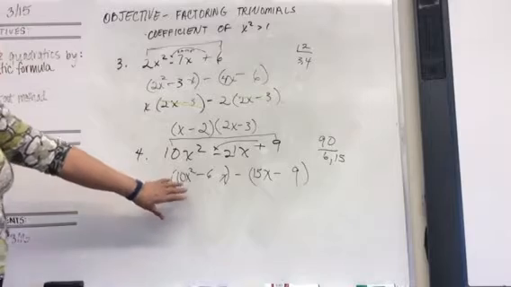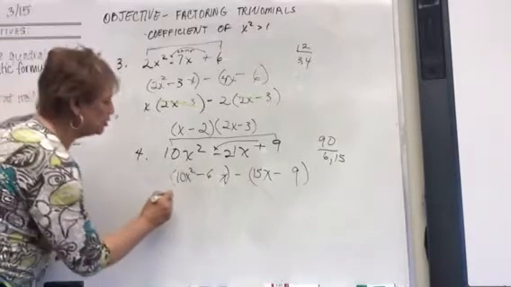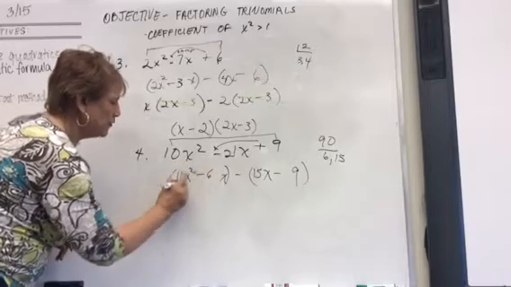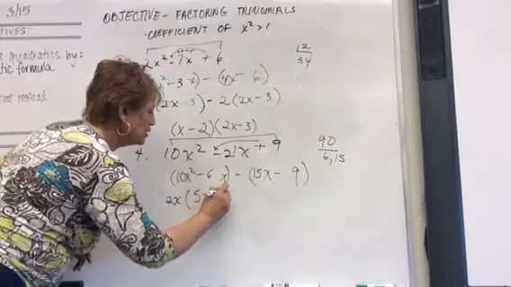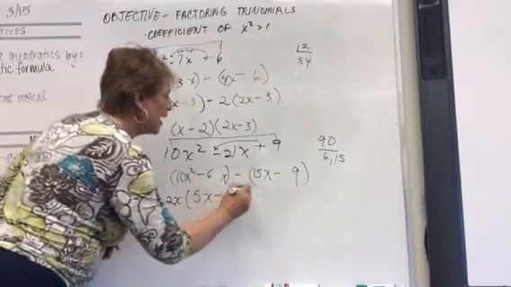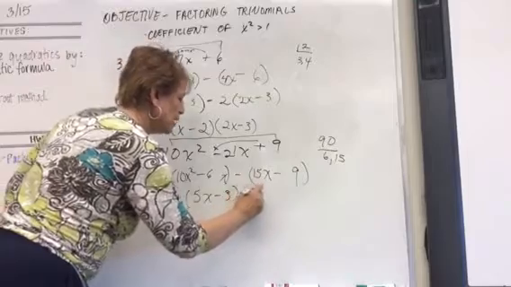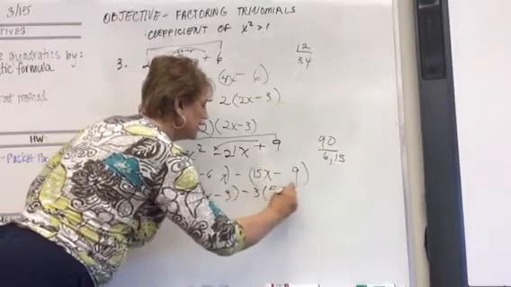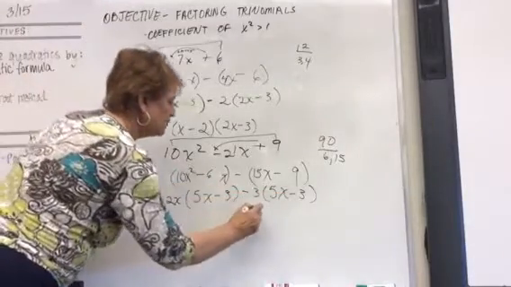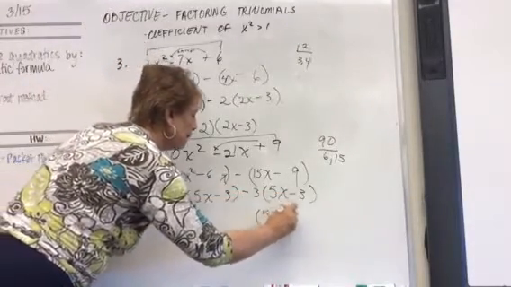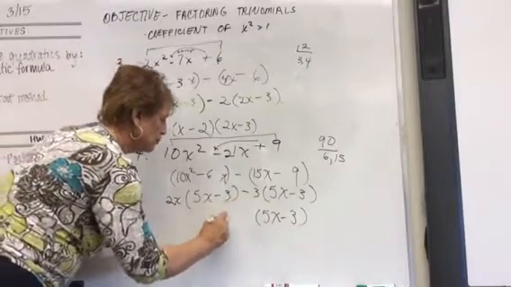Now I'm going to see what the greatest common factor of 10 and 6 is, and it's going to be a 2, and I factor out the x, and that leaves 5x minus 3. Minus the greatest common factor of 15 and 9, which is 3, and that leaves 5x minus 3. Common factors, 5x minus 3, and what's left is 2x minus 3.